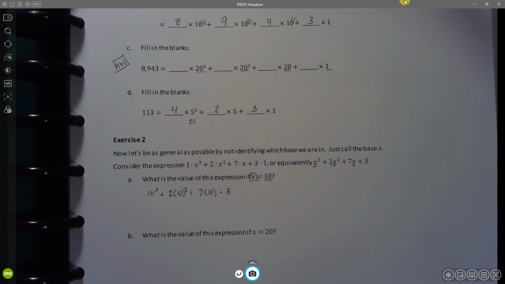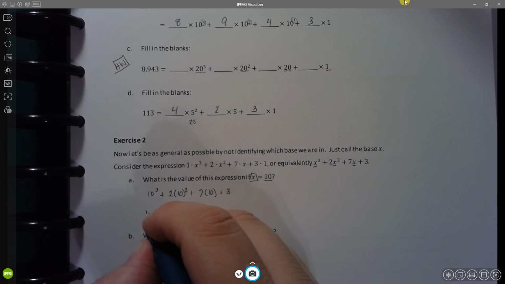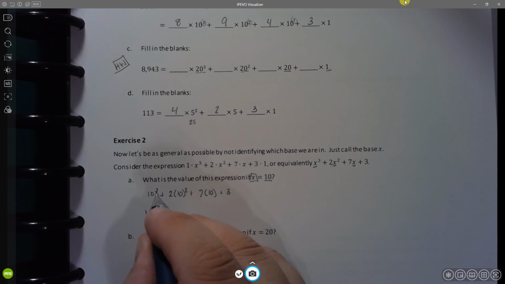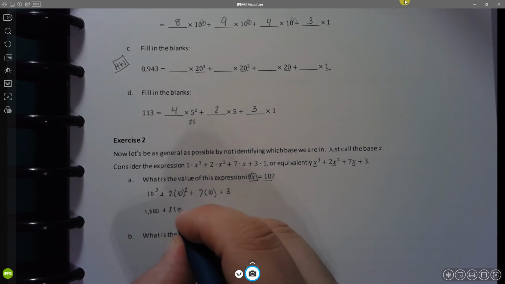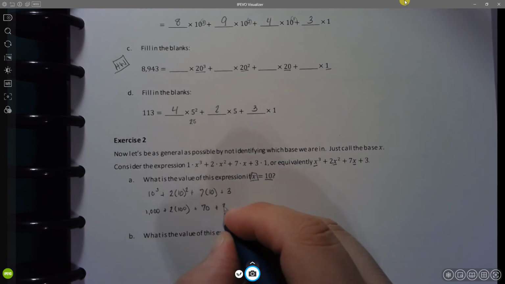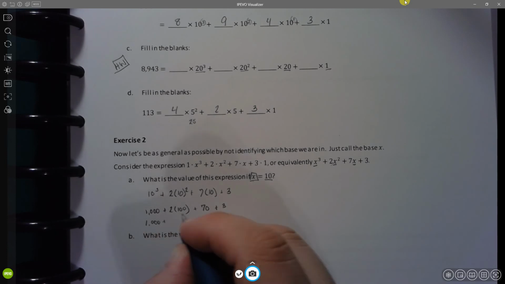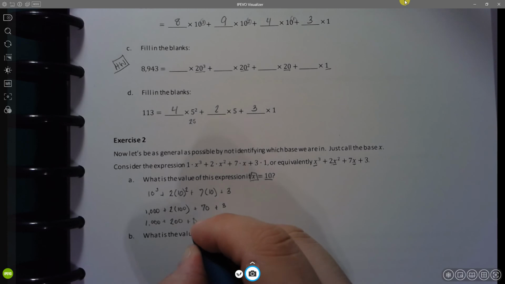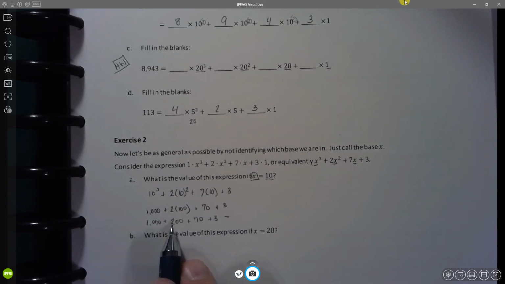Now, I know 10 cubed is the same as saying 1,000 because the cubed tells me how many zeros to put in. Plus 10 squared is 100, so 2 times 100 plus 7 times 10 is 70 plus 3. And continuing on, I got 1,000 plus 200 plus 70 plus 3. Now I can add all that up. 1,273. So that's my answer.